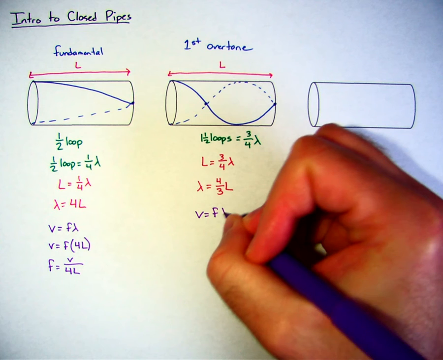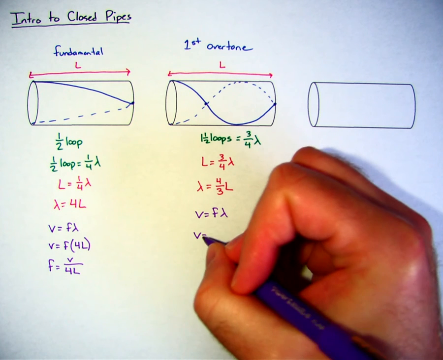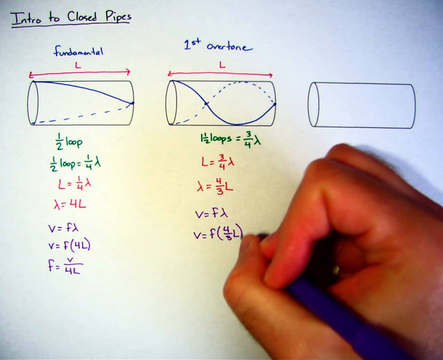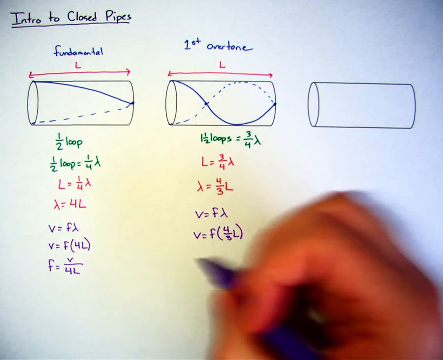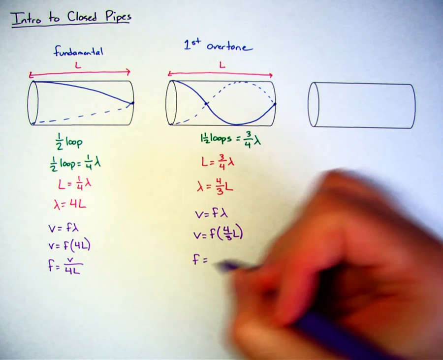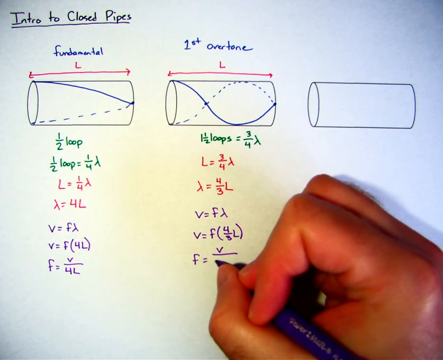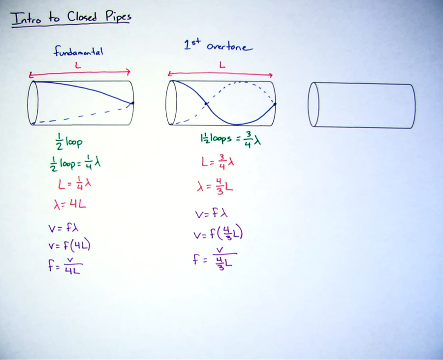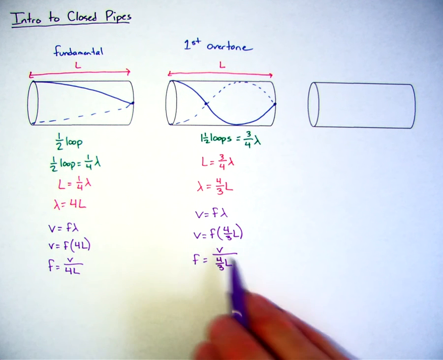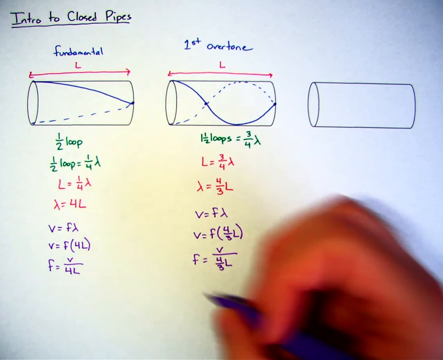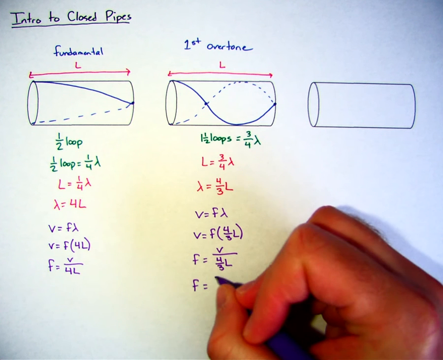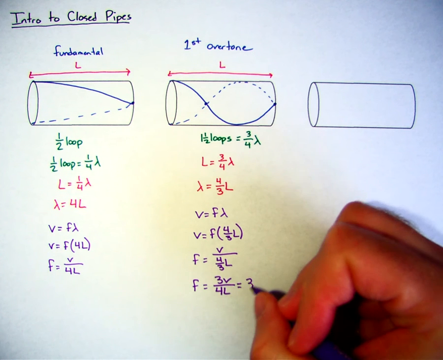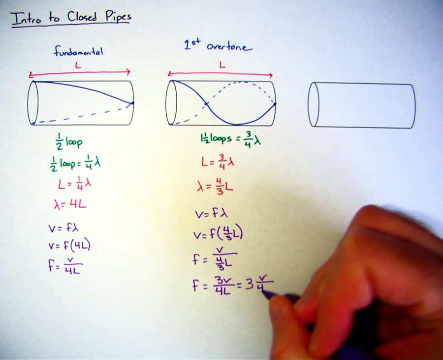Now to put this in perspective, if I use my wave velocity equation again, velocity equals frequency times wavelength, and I do a little bit of algebra here, I get frequency is equal to velocity divided by 4/3 L. But to simplify this, I don't want to have a fraction in the denominator. It ends up being frequency is 3 times V over 4L.